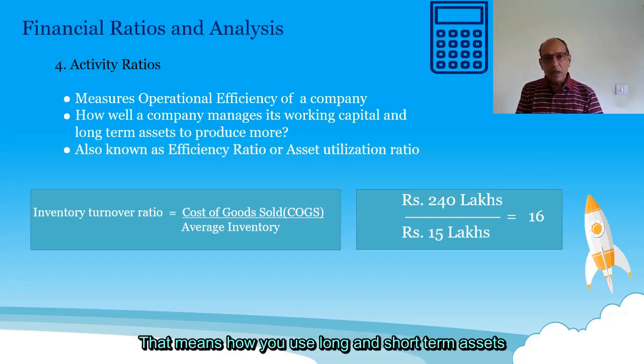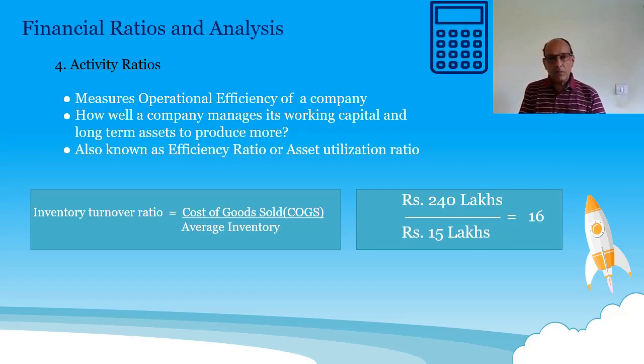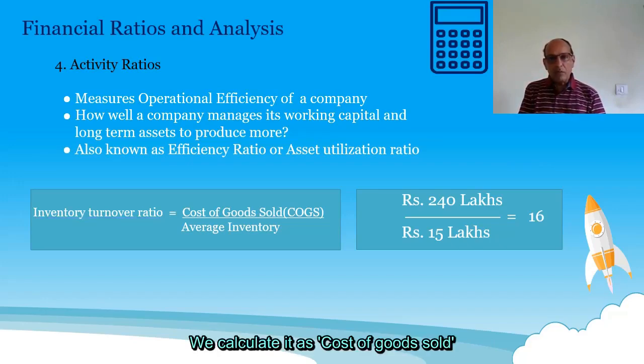That means how you use long and short-term assets efficiently to produce more and more. So when we talk about inventory turnover ratios, we calculate it as cost of goods sold divided by average inventory.